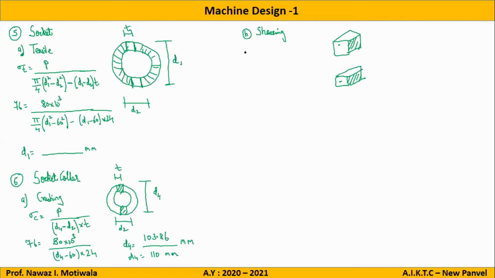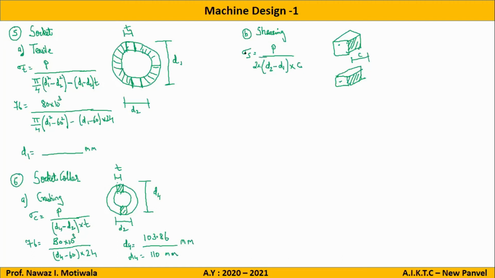Shearing. Yes, there will be shearing. So what will the formula become? Sigma s is equal to P divided by, okay, this height we have already seen. Here, see, what is this height? It is actually r2 minus r1; for both the rectangles it will be d2 minus d1, multiplied by this distance which we have assumed to be c. Because it is on both sides, front and back, it will be multiplied by 2.